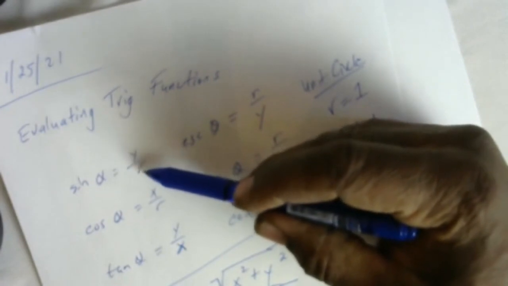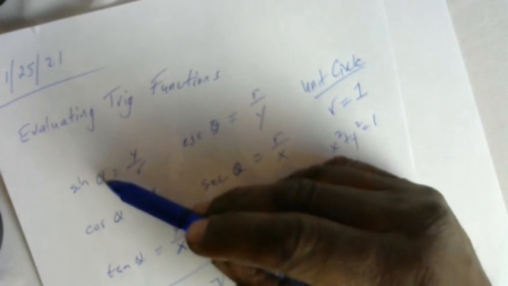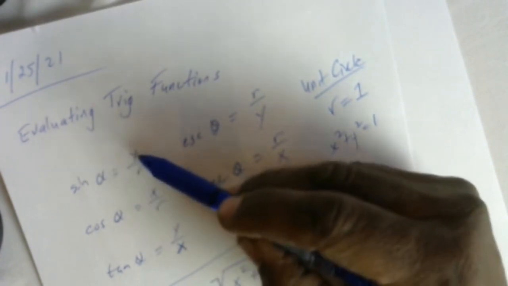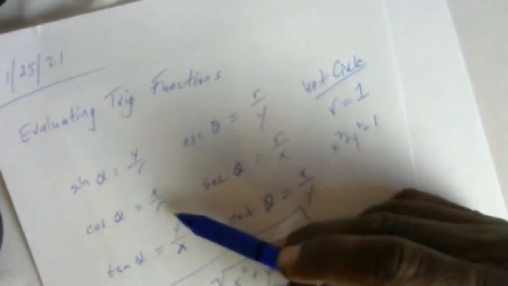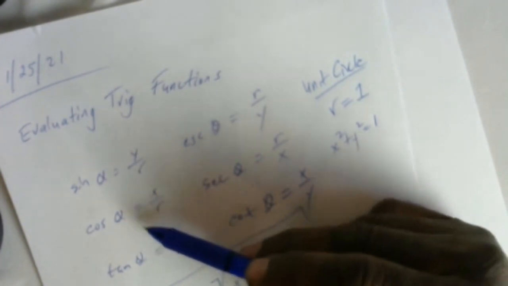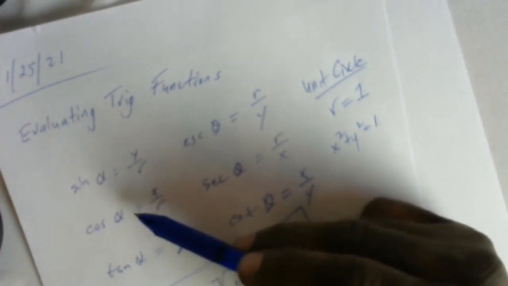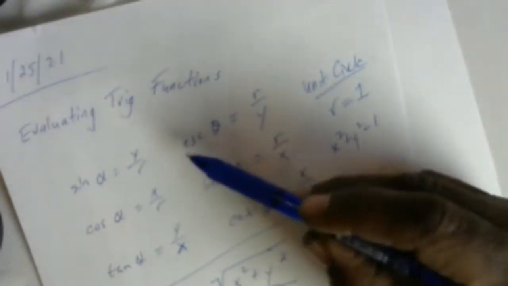So if R is 1, the sine value for any angle in a unit circle becomes simply the Y value. Here again, if R is 1, the cosine for any angle in the unit circle is the X coordinate.